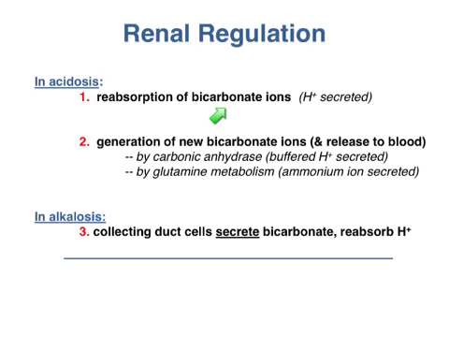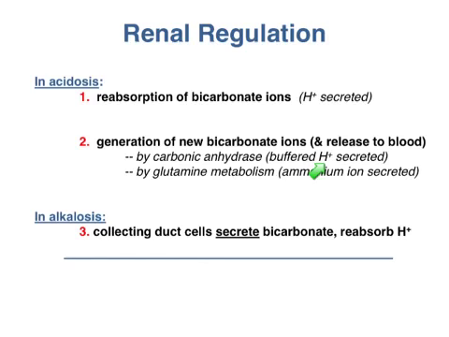If the blood is too acidic, acidosis, your kidneys secrete hydrogen ions and reabsorb more bicarbonate ions, so they hold on to the bicarbonate. They also generate new bicarbonate ions and release them to the blood, and this happens in a couple of different ways. You have the carbonic anhydrase enzyme acting in your kidneys that secretes buffered hydrogen ions, so it releases hydrogen ions into the urine and bicarbonate ions to the blood.